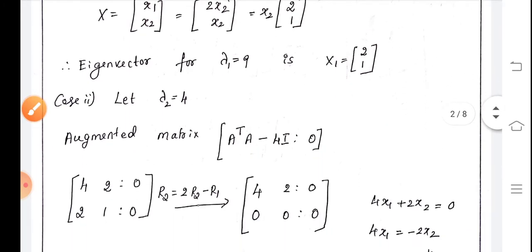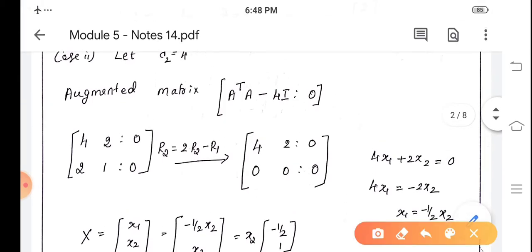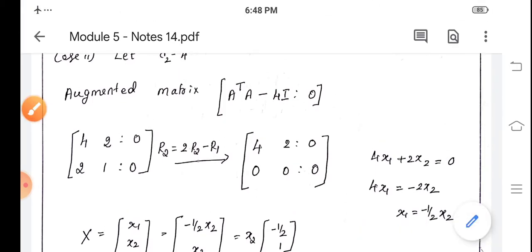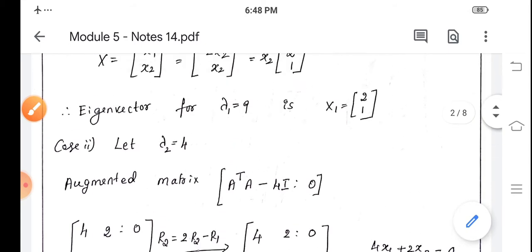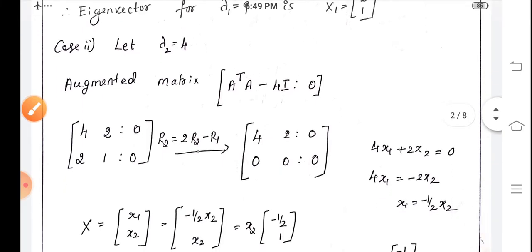Similarly, we find the eigenvector for lambda equal to 4. So case 2, we take lambda equal to 4 and we find the vector which satisfies (A transpose A minus lambda I) x equal to 0. So we write the augmented matrix, that is [A transpose A minus 4I | 0].